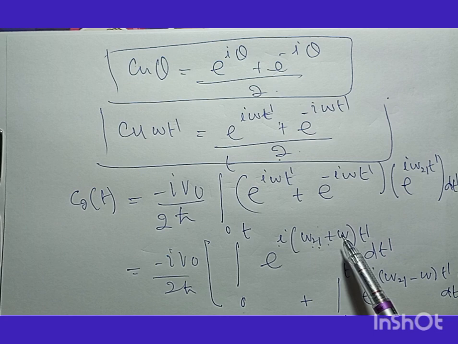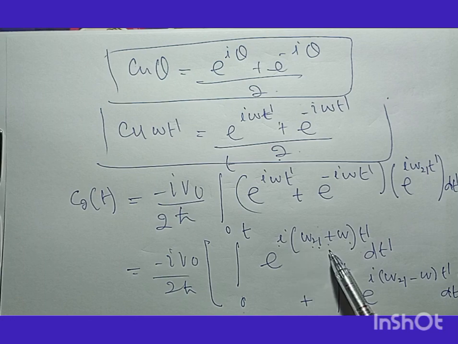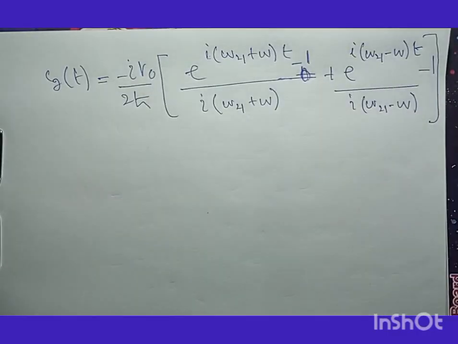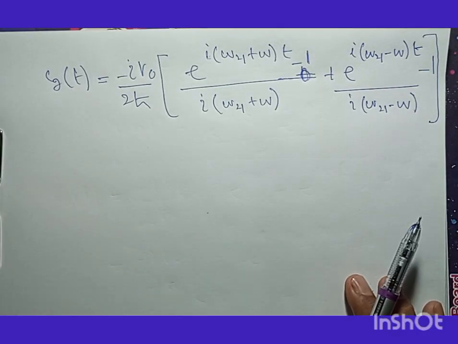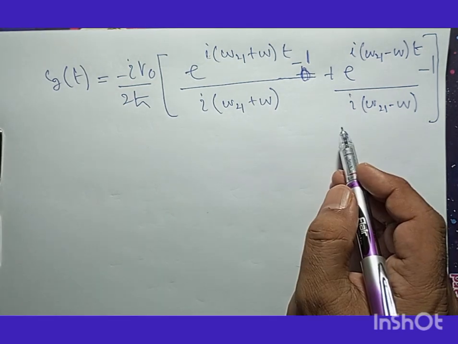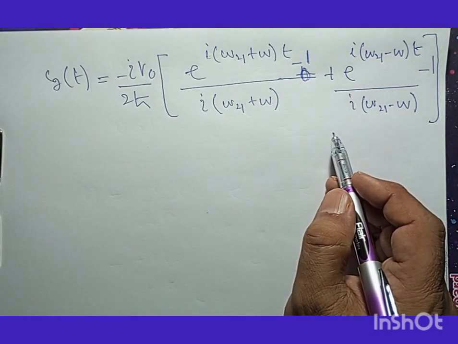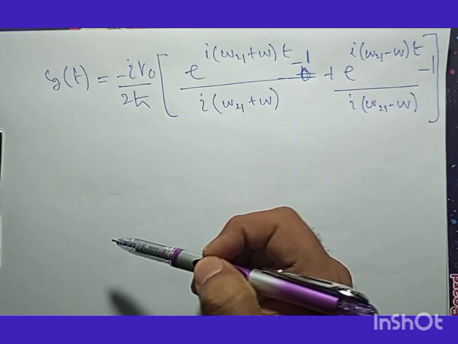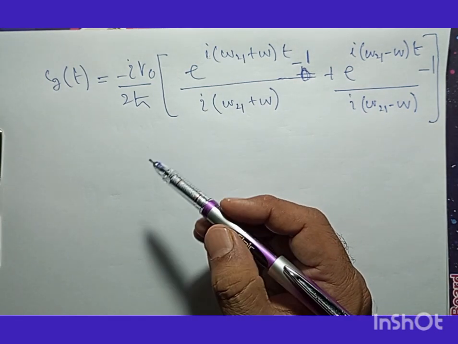So this is our exponential divided by the internal derivative of the exponent, giving the limits. For the upper limit, you replace t' by t. For the lower limit, we will have e to the power of 0, which gives us 1. So this will be our C2 of t, the amplitude that we have been looking for.